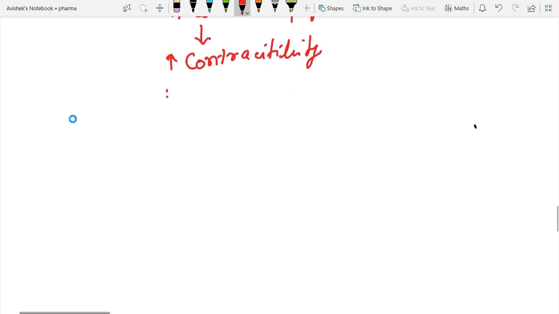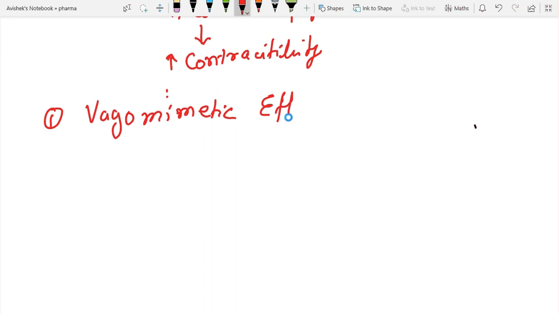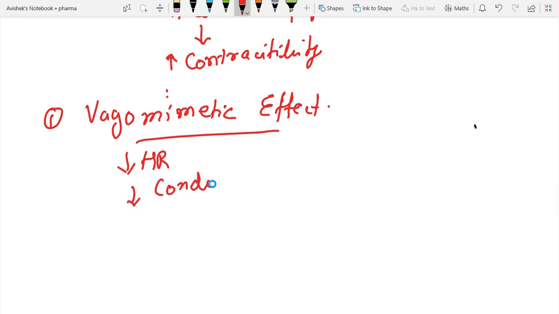Now, they have some characters which is called vagomimetic effect. What is this vagomimetic effect? This is a parasympathetic reflex which will decrease HR, heart rate, and will decrease conduction.